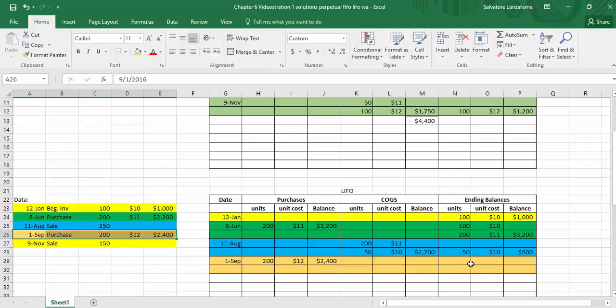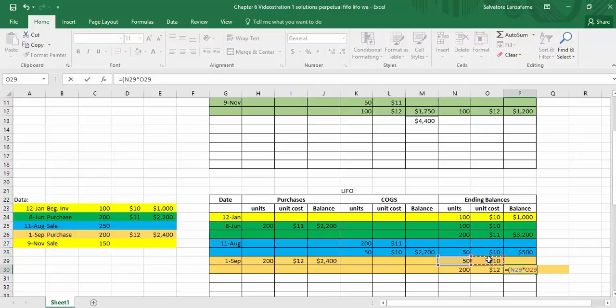Okay, so in our inventory, we have the old 50 at 10, and now we just acquired 200 more at 12. So let's do the math here. 50 times 10 plus 200 times 12. And now our balance in inventory is 2,900. So we've got 250 units, 50 of them are at 10, 200 are at 12.